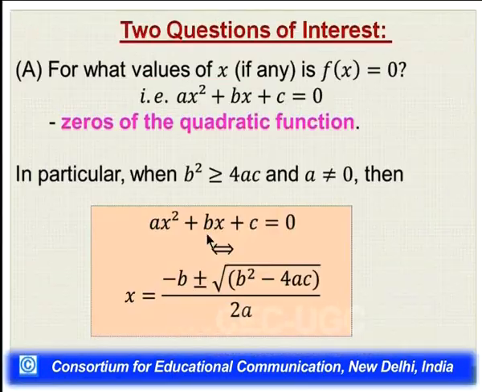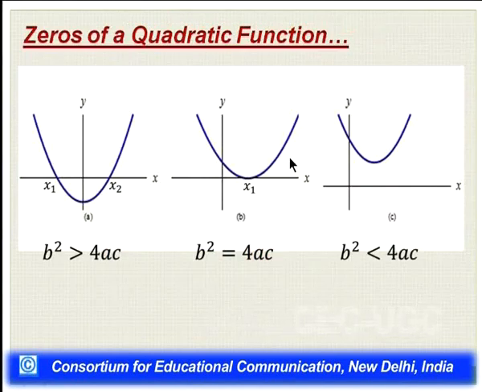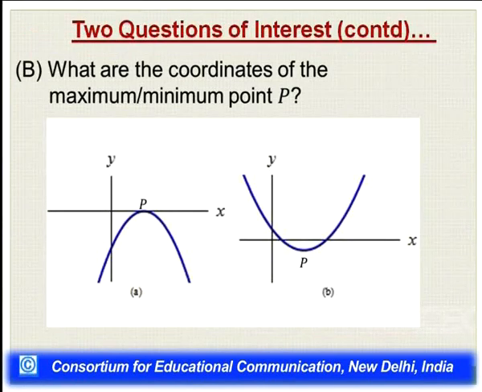Our quadratic function is ax squared plus bx plus c. So if I want the y-intercept, all I have to do is put x equal to 0. So the constant c represents the y-intercept of a quadratic function. So a quadratic function will always intersect the y-axis.